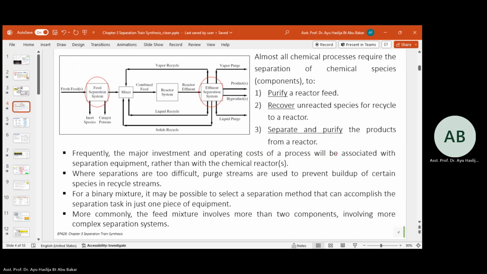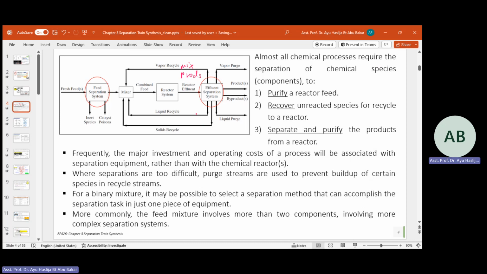As you can see over here, in this PFD, from the feed into the reactor, this is always your main major equipment, your reactor. After the reactor, you have your product, the reactor effluent.